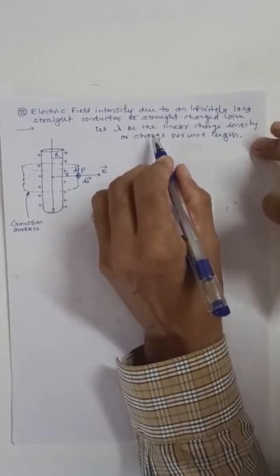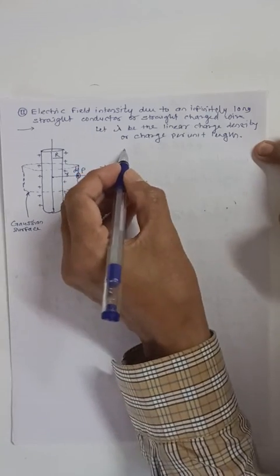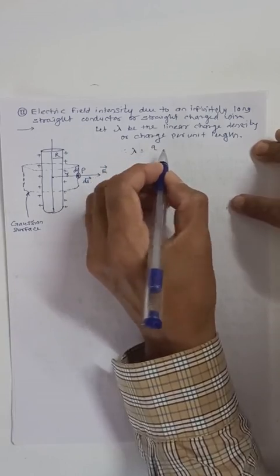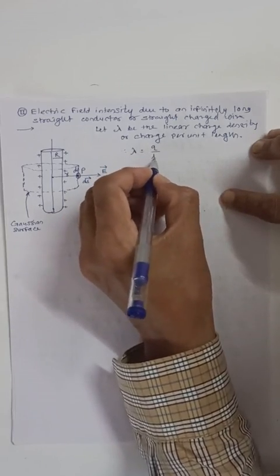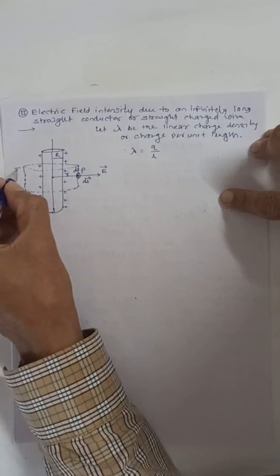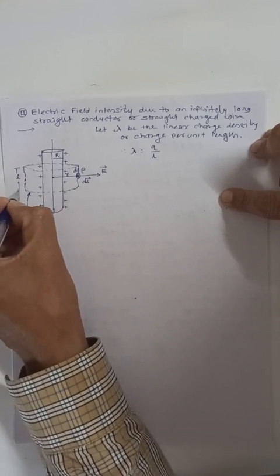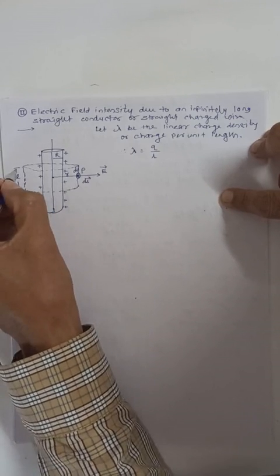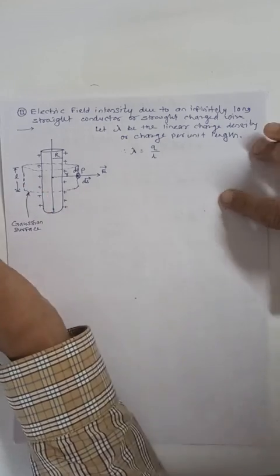So what is lambda? Lambda is the charge per unit length, and therefore lambda is equal to charge Q per unit length L, where L is the length of this cylinder, the Gaussian surface like this.